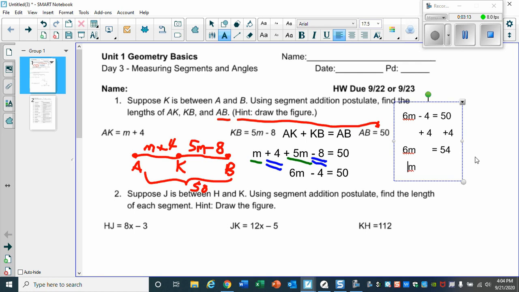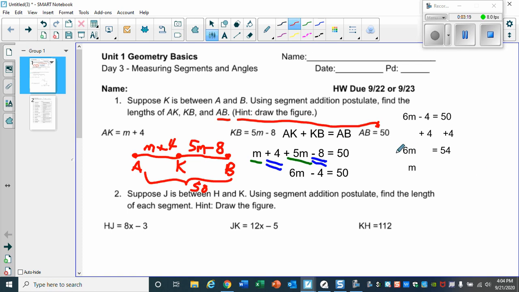So once you do that, the result: m equals 9.